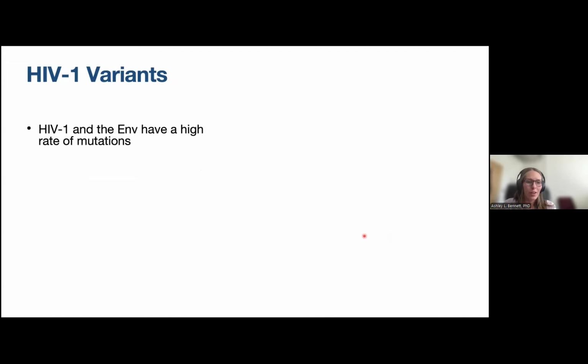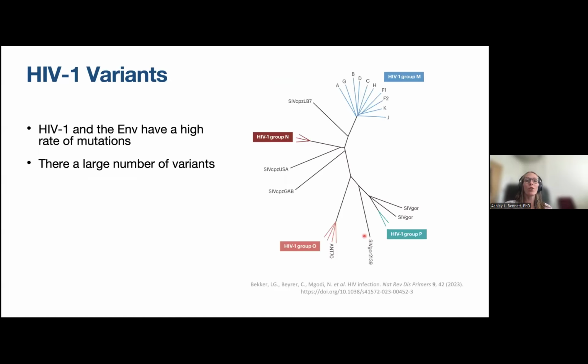We have another problem facing us when we're trying to understand HIV envelope structure, and that is that the HIV-1 virus and its associated envelope have very high rates of mutation. So there are a large number of variants, which are shown here diagrammatically. These variants have been broken down into various subgroups, with subgroup M being the cause of most of the infections worldwide. The main variants we work with in the lab are the CH505 and the BG505 variants.